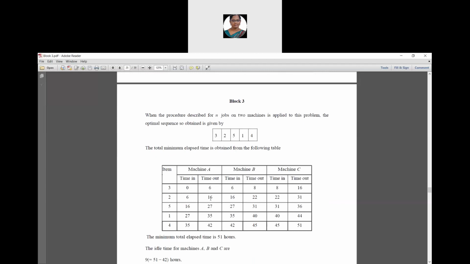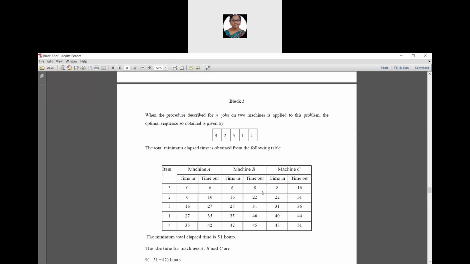Likewise, you have to find out all these values. Then moving on to machine B. In machine B, the time in value is the time out value of machine A, that is 6.